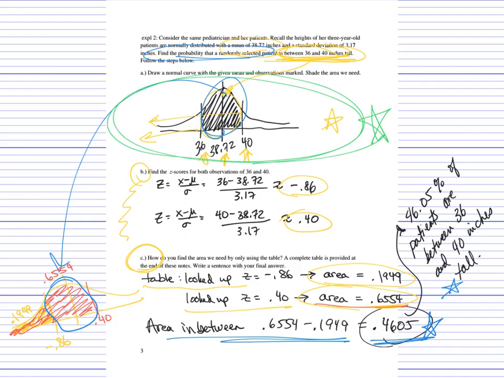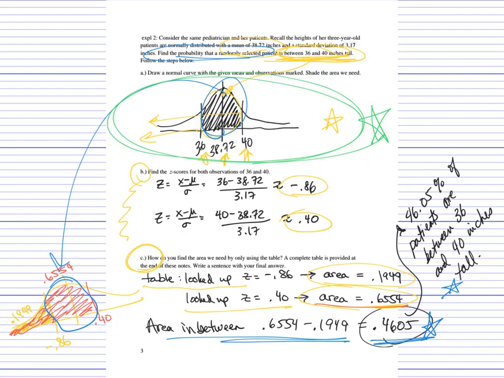The second thing I wanted to mention is that I do a lot of work with these pictures. I have you draw these pictures a lot. Even though my math lab's not going to require it, I find that drawing out that picture really helps me understand what exactly I have to do next. It's not always find a z-score and find the area to the left of it, look it up blankly and without thought.